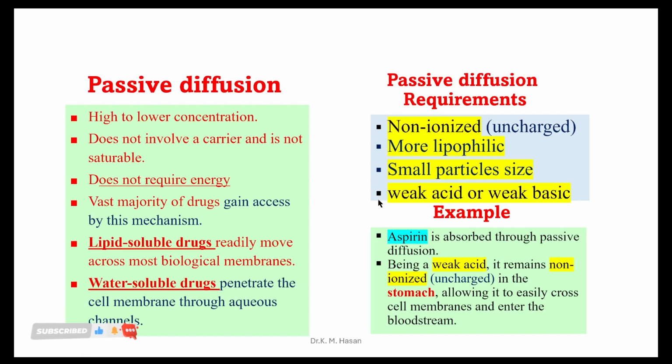So we have four conditions: non-ionized, lipophilic, small particle size, and weak acid or weak base. For example, we have aspirin, another name for which is salicylic acid. Aspirin is considered a weak acid, and it's uncharged in the GI system, especially in the stomach and the first part of the intestine, the duodenum, and this will allow aspirin to cross the cell membrane and arrive to the bloodstream.